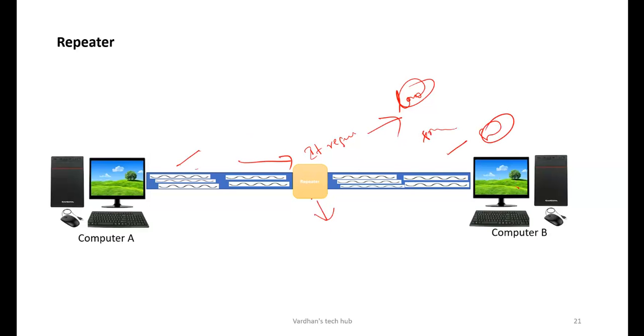So this is one of the network devices, repeater. If anyone asks you what a repeater is, you can simply say a repeater is a network device which can regenerate the signals. Clear? Yeah.